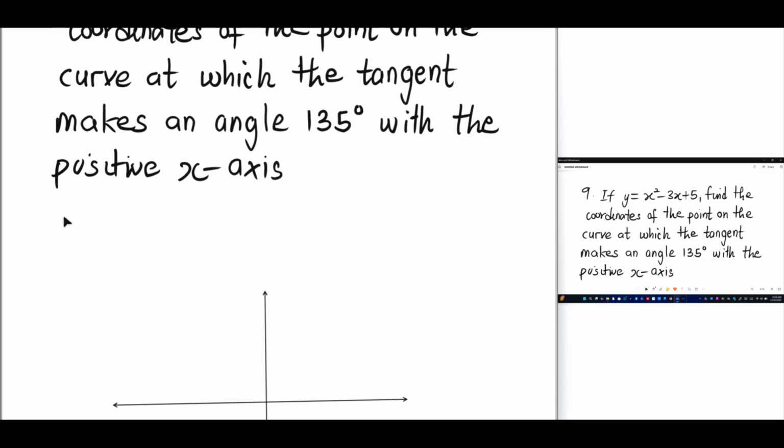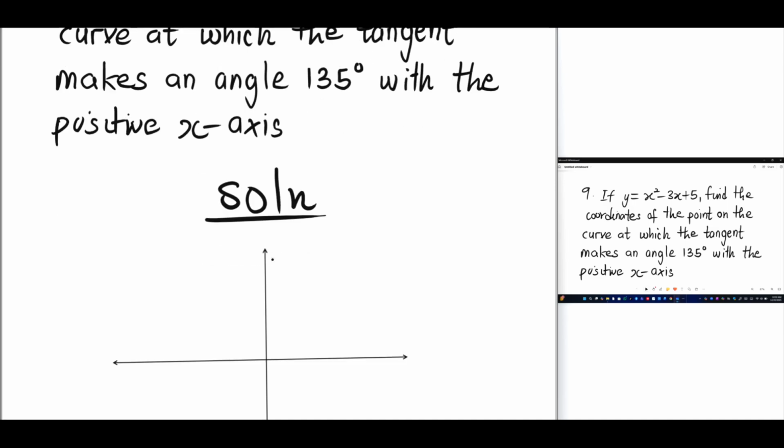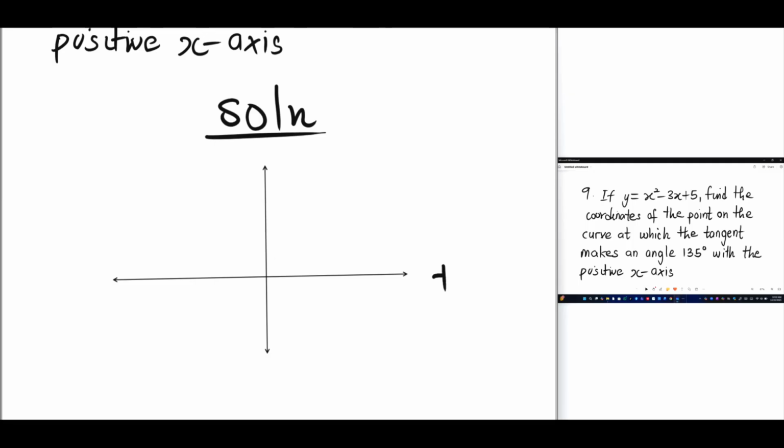All right. So let us consider our xy plane. So we have our positive x-axis here, and here the negative, and here the positive y-axis, and here is the negative part of the y-axis.